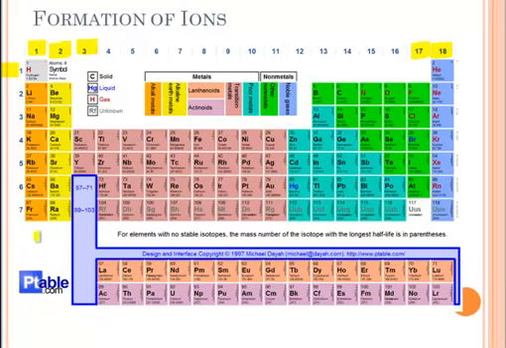As we know, group 1 elements will have ns1 valence electron configuration. Group 2 will have ns2, and group 16 will have ns2 np4. Group 17 will have ns2 np5.